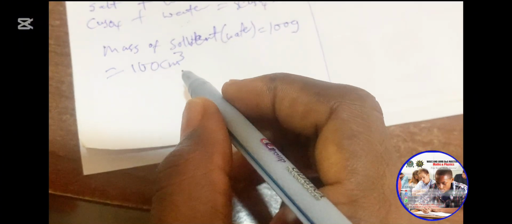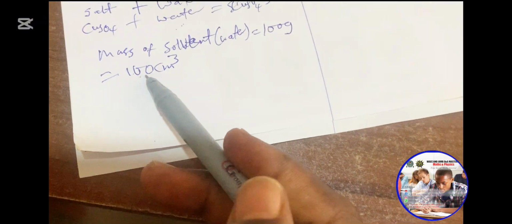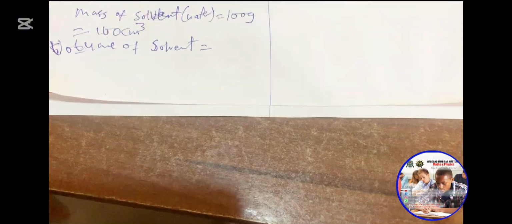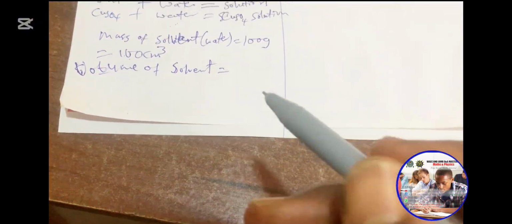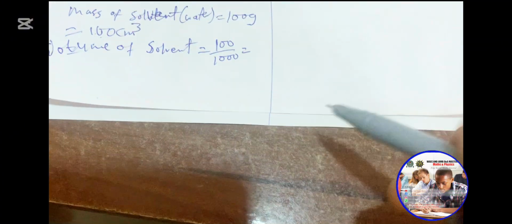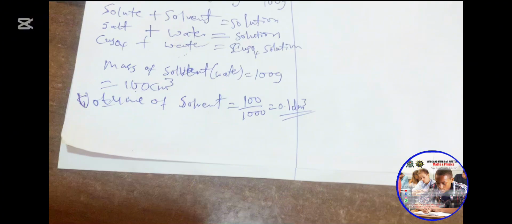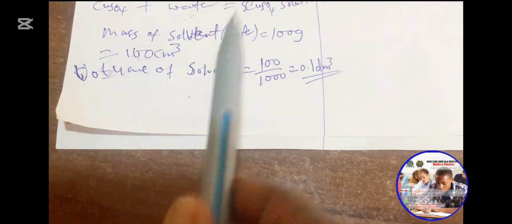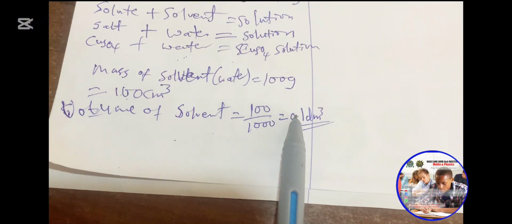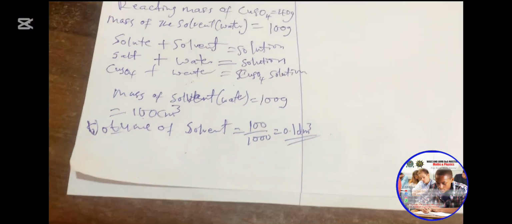In converting to dm³, we divide by 1000. So we are looking for the volume of solvent, which is 100 cubic centimeter. To convert it to dm³, we divide by 1000, and you will have 0.1 dm³. So the volume of the solvent, which is water, is now 0.1 dm³.